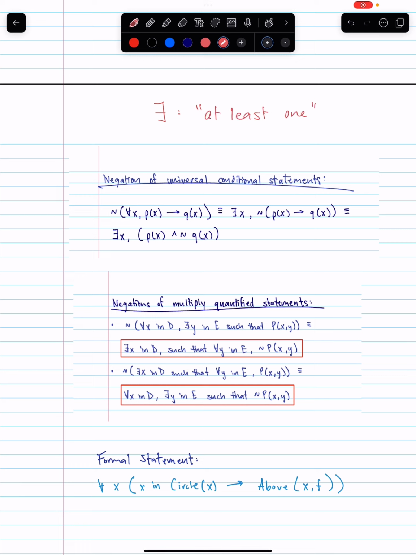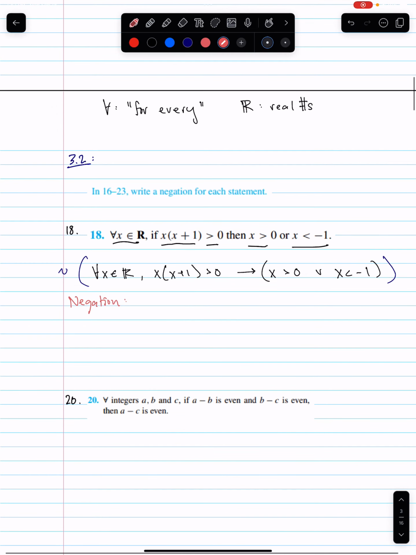That's the negation of for every, right? And then the inside, if p then q, becomes p and not q. So we'll do the same here.